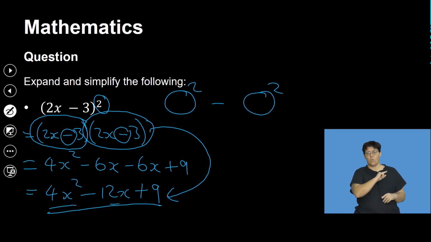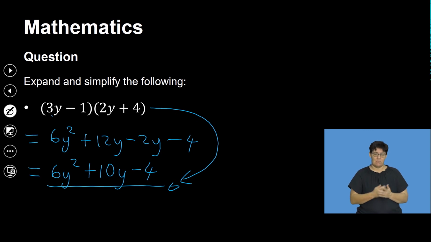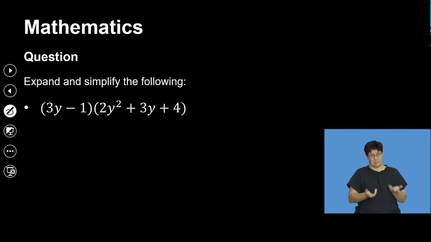Because of these two minuses that I have. If it was a plus and a minus, or a minus and a plus, irrespective of the order, then you will get something squared minus something squared, which we call the difference of two squares. And that's important when we get to the concept of factorization, but we'll look at that at a later stage.